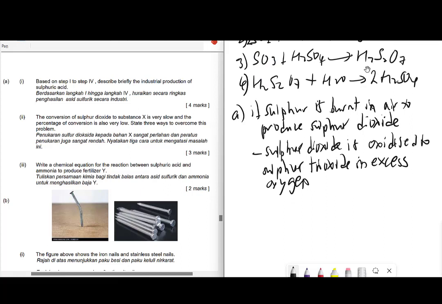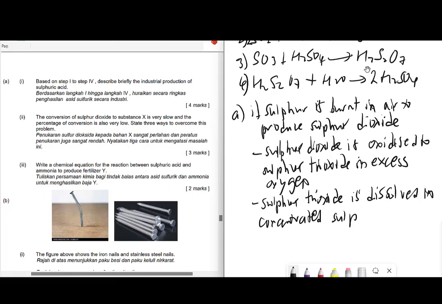So you just say that, continue here. Sulfur trioxide, which is a gas, is dissolved in concentrated sulfuric acid to form or to produce oleum, O-L-E-U-M.